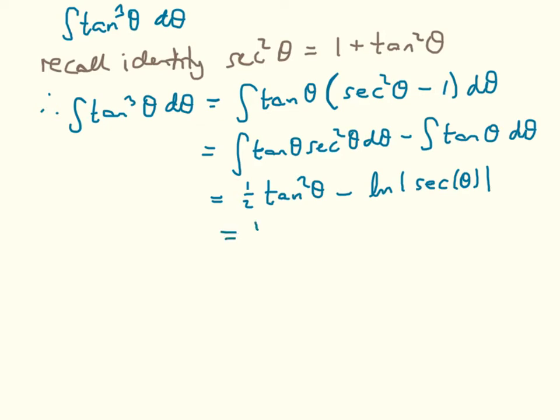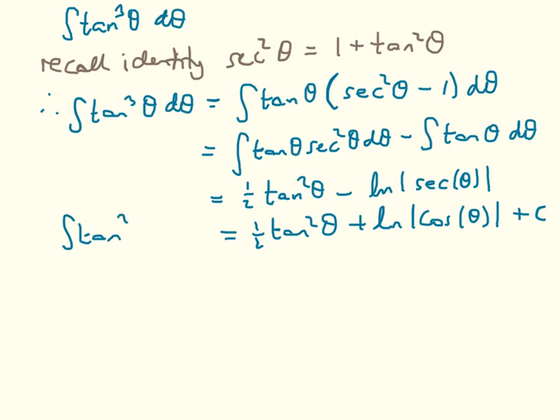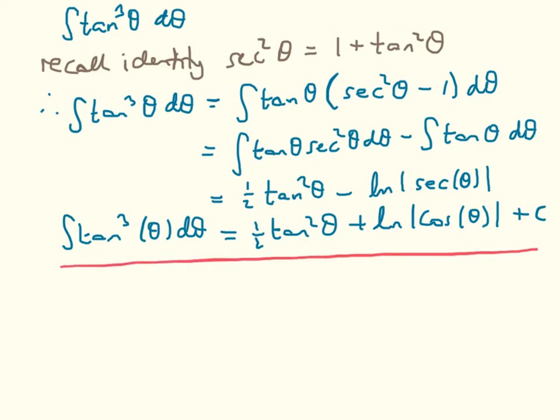So this is a half tangent squared of theta plus the logarithm of the cosine of theta, plus, if you wish, an integration constant, which we should always understand as being there. So this is our result for the integral, and with that we can move on to the next slide.